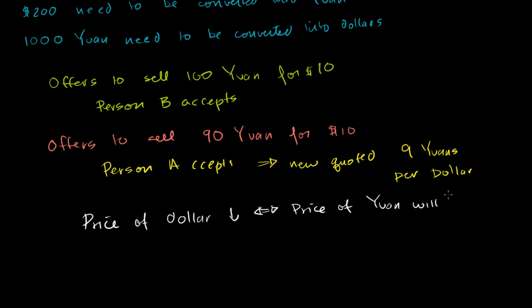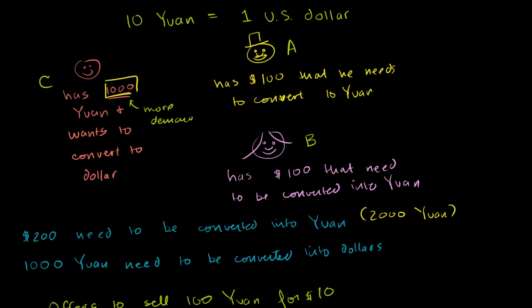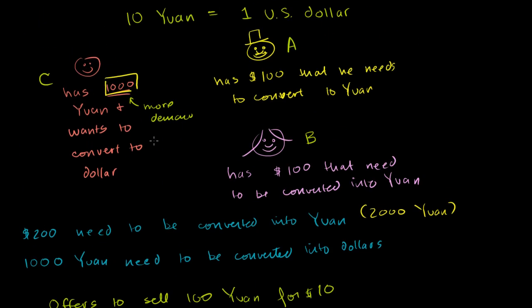I really want you to internalize this. The price of yuan will go up in terms of dollars. The price of dollars in terms of yuan will go down. And this is the crux of foreign exchange. If you can at least internalize these ideas and understand that there really is this market based on the supply and demand of yuan. Over here, the demand for yuan is exceeding its supply, so the price will go up.